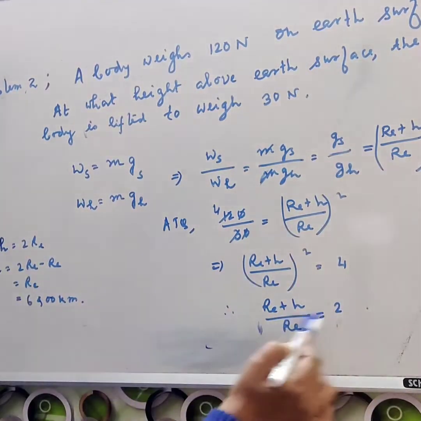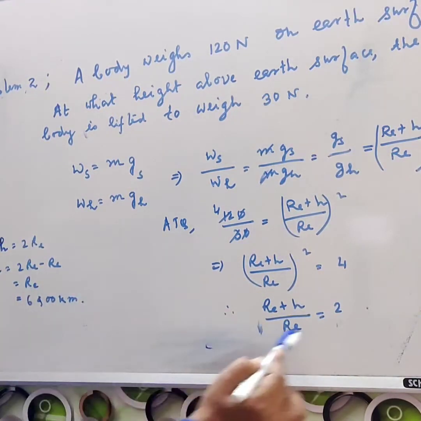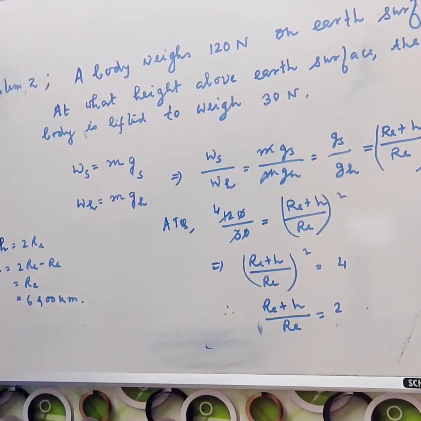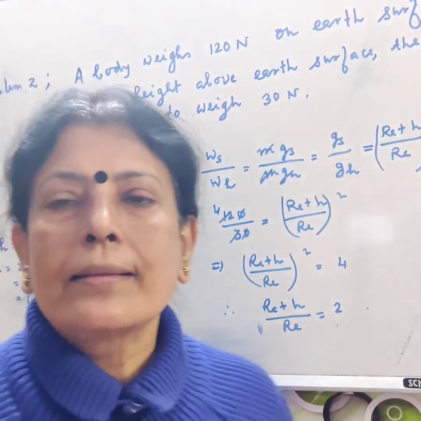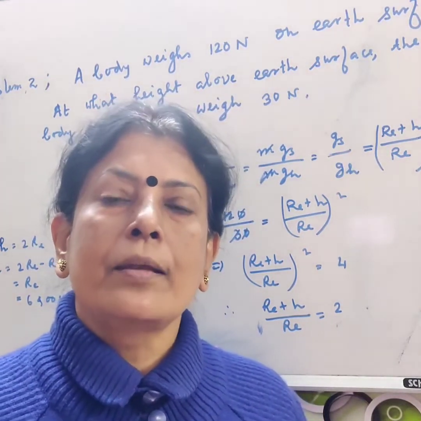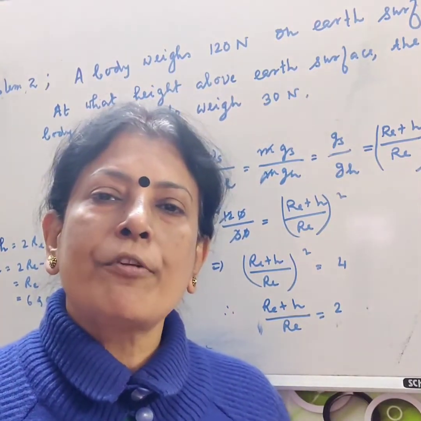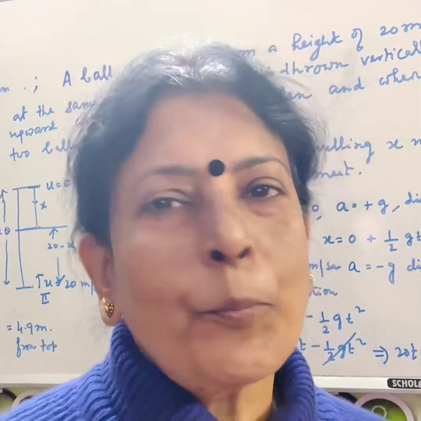By cross multiplication, RE plus h is equal to 2RE. So h is equal to 2RE minus RE, that is 6400 kilometer. That implies when a body is lifted 6400 kilometer from Earth's surface, its weight becomes 1/4 of the original. Problem 3.